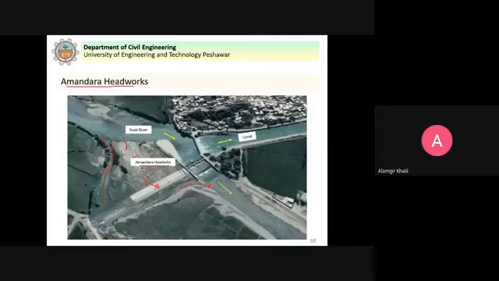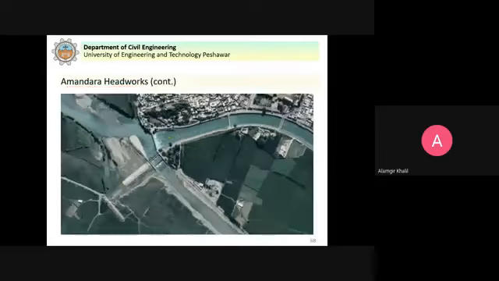You might have visited there. So this is canal head regulator, and the water is diverted to this off-taking canal. You can see here we have the agricultural fields. This is that off-taking canal.